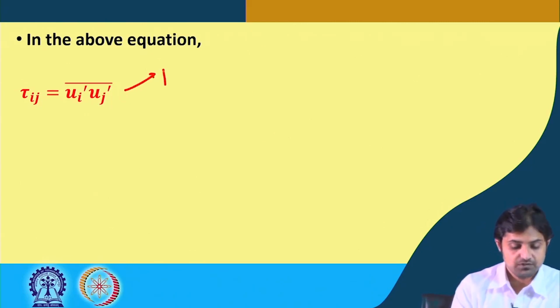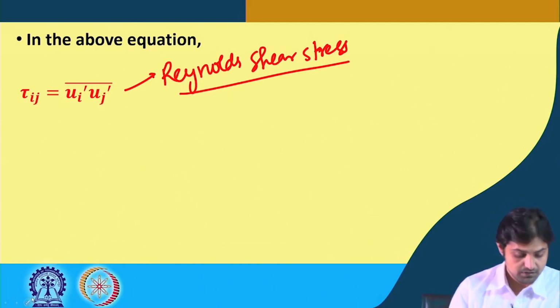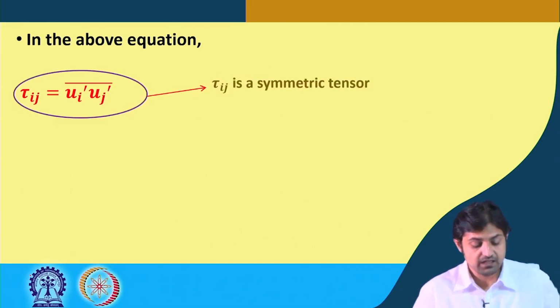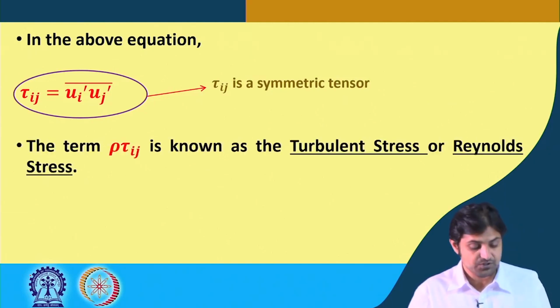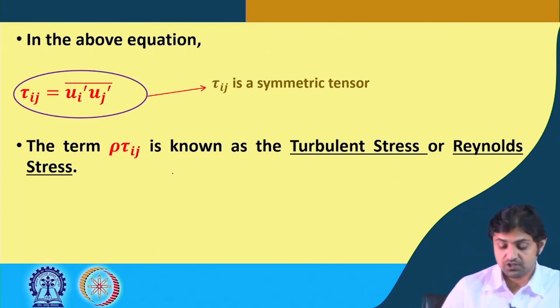This is generally called the Reynolds shear stress, and as we have read about it, it is much more than the kinematic stress. And tau ij here is a symmetric tensor. Symmetric means ui prime uj prime is equal to uj prime ui prime. So the term rho multiplied by tau ij is known as turbulent stress or Reynolds stress.